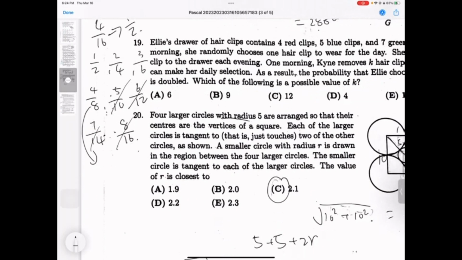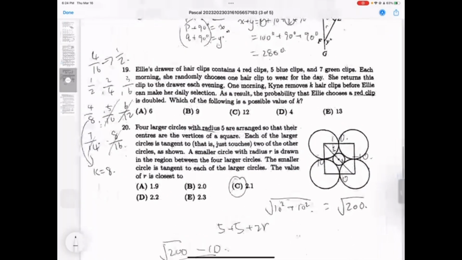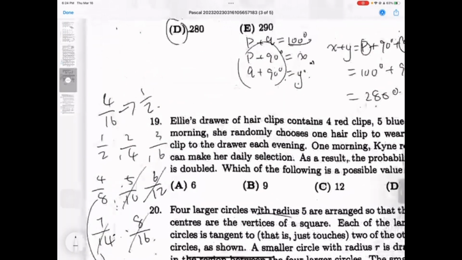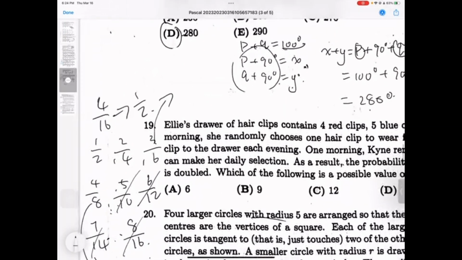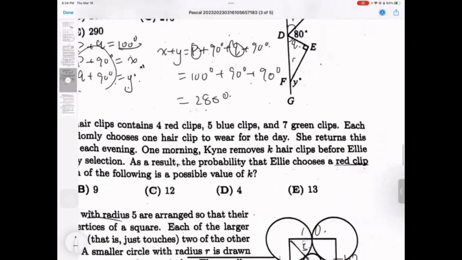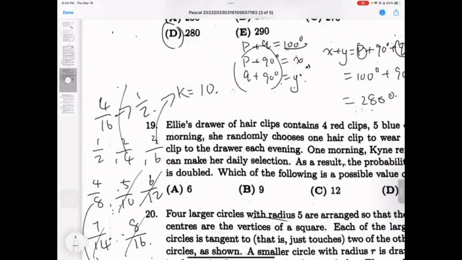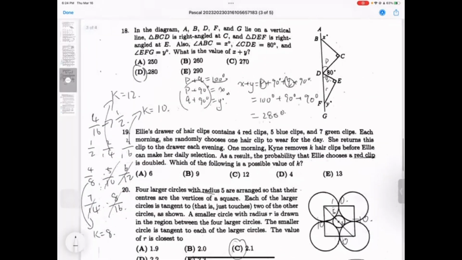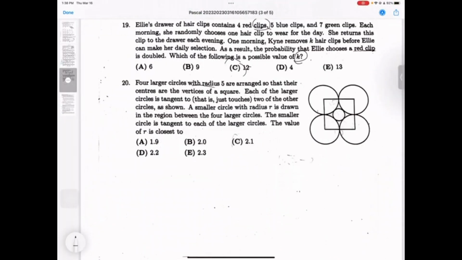When it has 8 clips in total, k equals 8, but we don't have that choice, so let's try another one. In this scenario, k equals 10, and we don't have that choice either. Then let's try this one. In this case, k equals 12, and here we go. We got that choice.